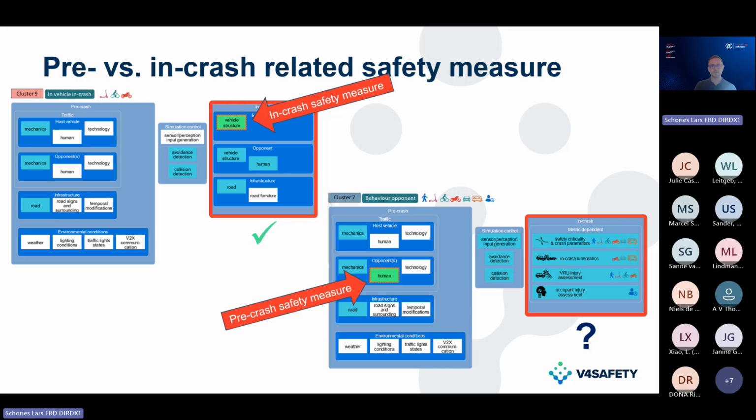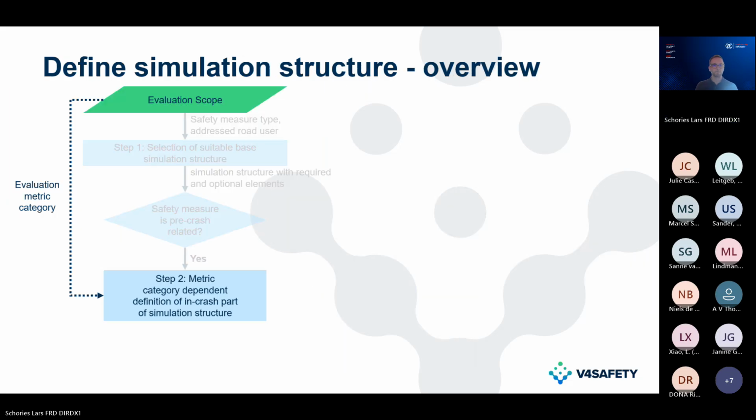Maybe it's sufficient to assess pre-crash related safety metrics. Okay, so if the safety measure is pre-crash related, you have to perform step number 2, metric category dependent definition of in-crash part of simulation structure.